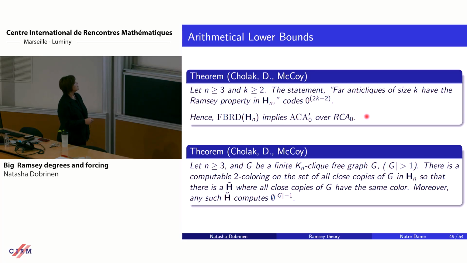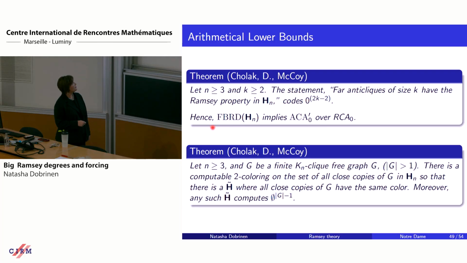The first is about particular anti-cliques. If you have your k greater or equal to 2 and your n greater or equal to 3, then the statement that these particular types of anti-cliques of size k have the Ramsey property in your n clique-free Henson graph codes the Turing jump, the 2k minus 2 Turing jump.